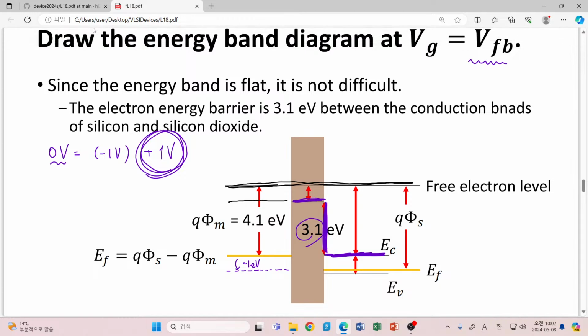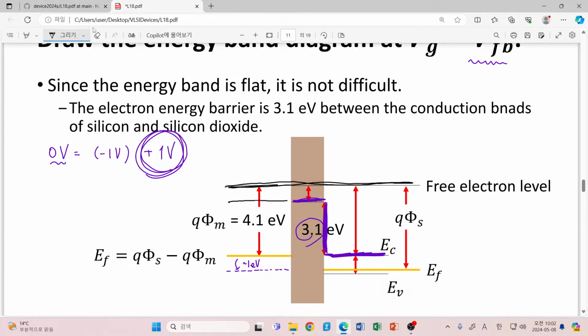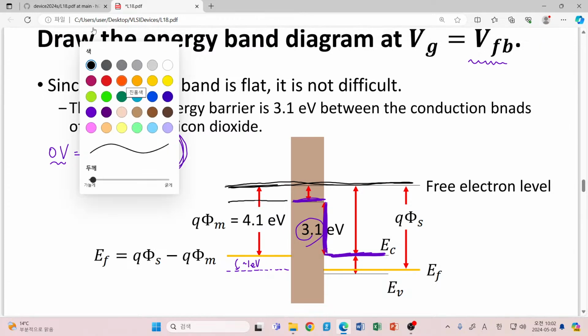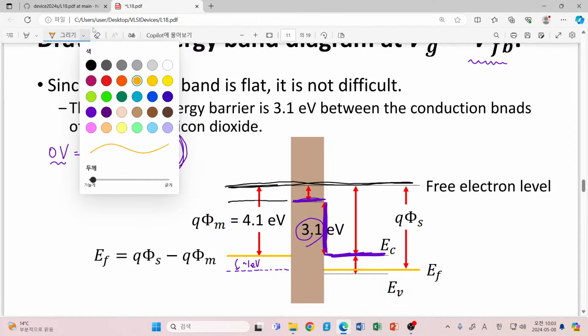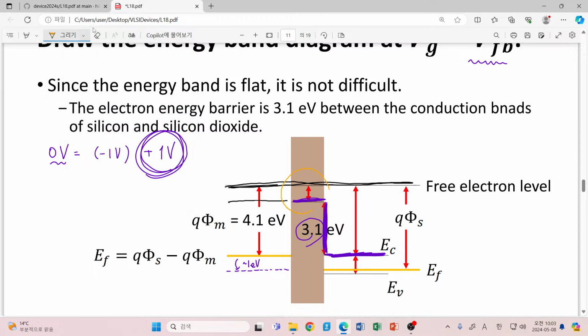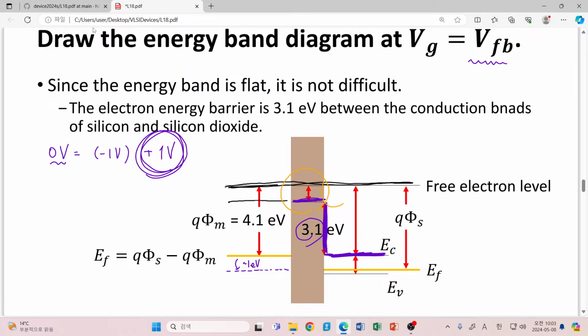Then the next question is, please try to draw the reaction of your band. Now it is important in this part and in this part. This is the most important one in today's lecture.